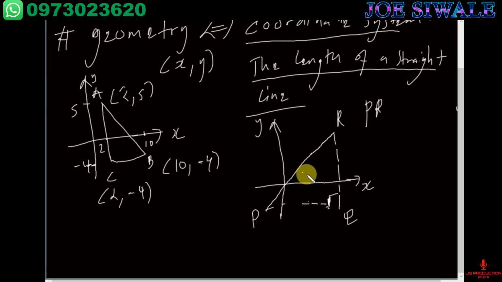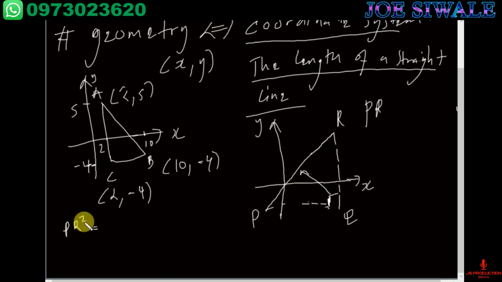That means that PR is the hypotenuse. So we can calculate the length of this line by adding the squares of these two sides, PQ squared and RQ squared. So for us to calculate PR, we're going to use the same concept of Pythagoras' theorem.